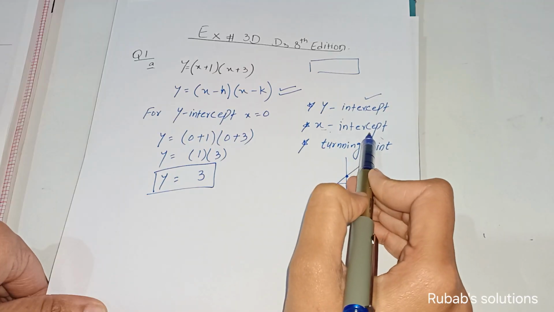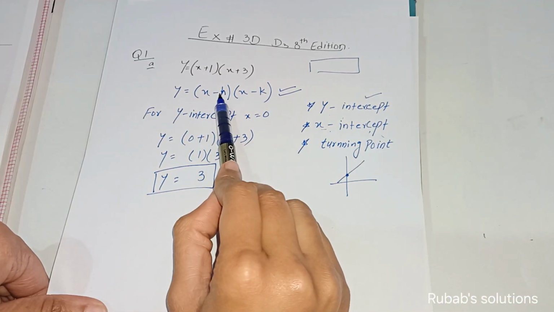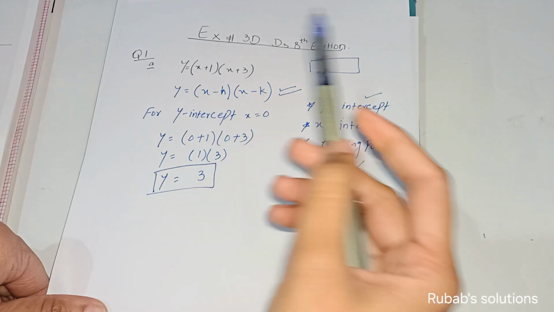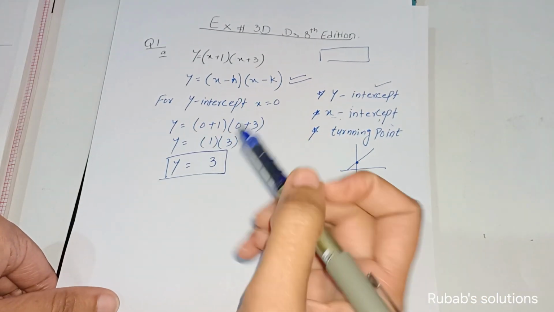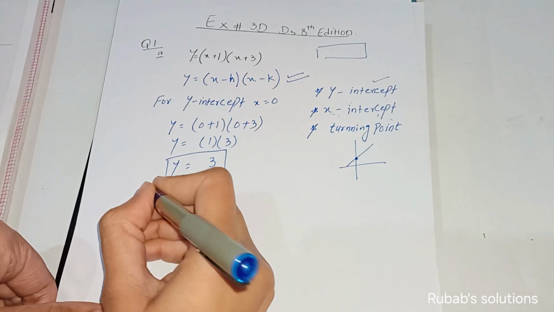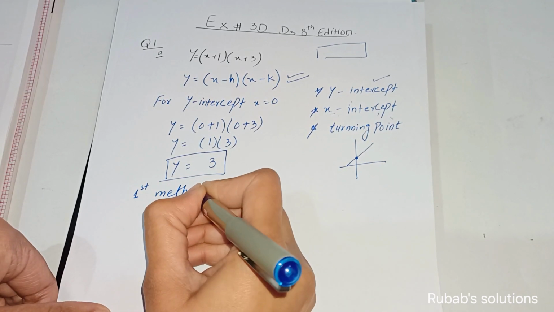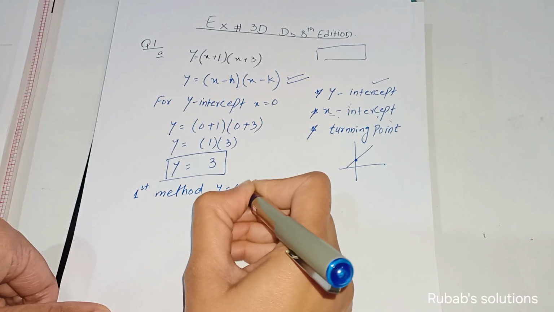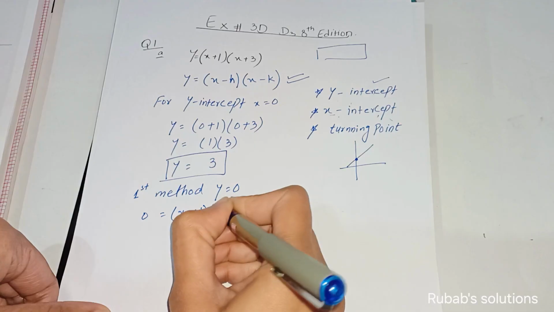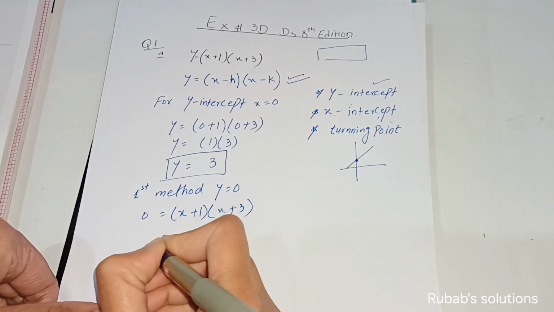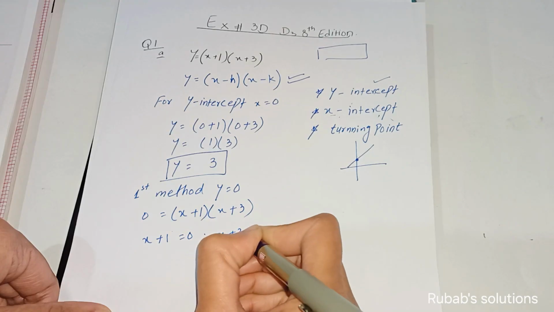Second point, x-intercept. We have two methods. Either you will compare with the general form, or you will get it by putting y is equal to 0. I will do both methods in this first question. First method: put y is equal to 0. So when y is equal to 0, either x plus 1 is equal to 0 or x plus 3 is equal to 0.